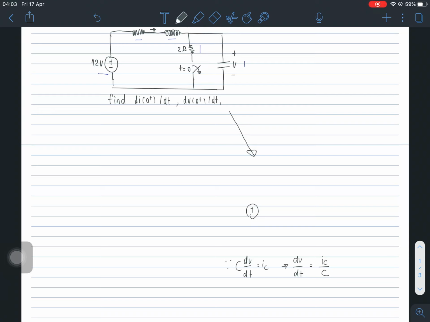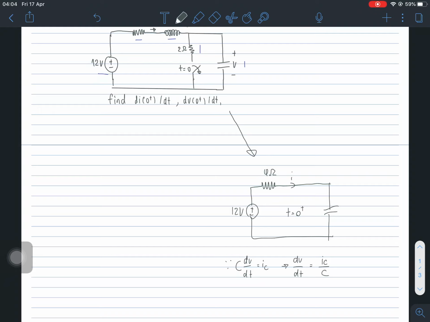It should look like this. Still the same, at t equals 0 plus.